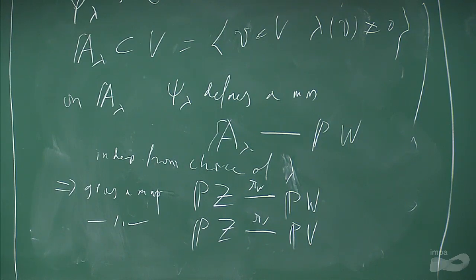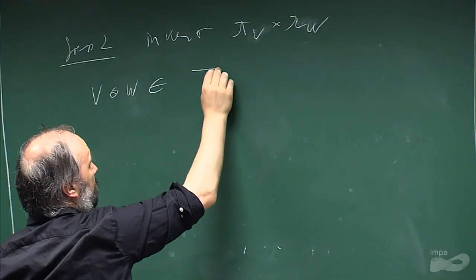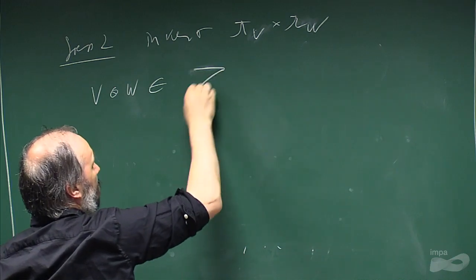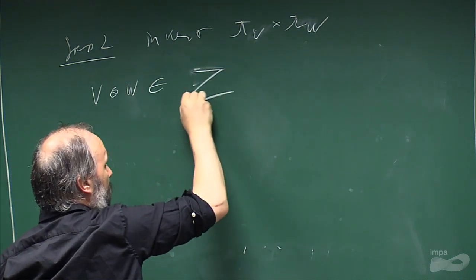So step 2, invert the product of this map, pi V times pi W, better in this order. You have V times W inside Segre, inside the cone.